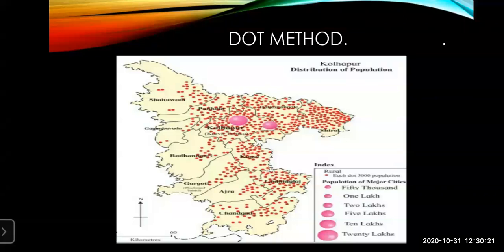Again, when a highway is passing, in that highway you cannot show the dots. You cannot show human settlement in that highway. Whereas the rural population is shown by the dots, and the urban population is shown by the circle. Okay, this method is most suitable for the variables which are freely scattered across the region.